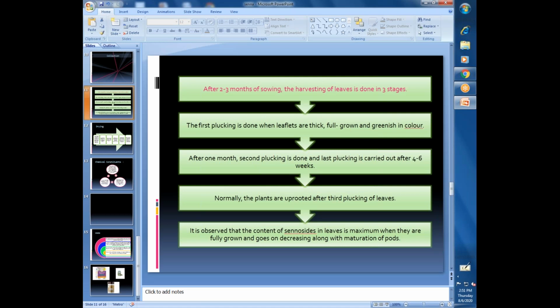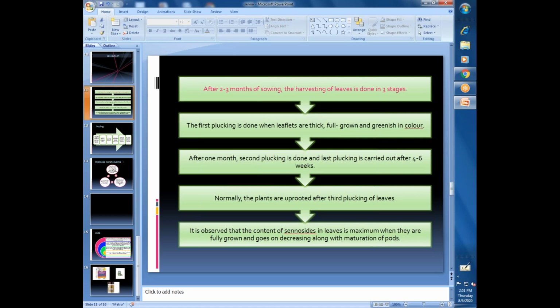It is observed that the content of sennosides in leaves is maximum when they are fully grown and goes on decreasing along with the maturation of the pods. As the plants start maturing, the sennosides will start getting transferred from the leaves to the pods. So it is of no use collecting after some time.